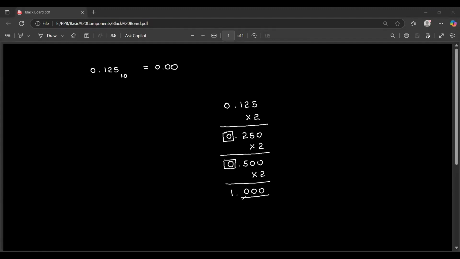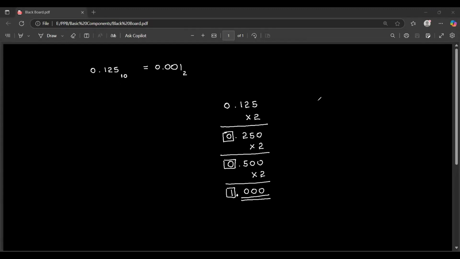Once you reach 000 after the floating point, you can stop multiplying, because if you multiply by 2 again, you will get 000. Here you have 1, and that 1 will go here, and that will be the end of the answer. That's it. So 0.125 to the base 10 will be equal to 0.001 to the base 2.